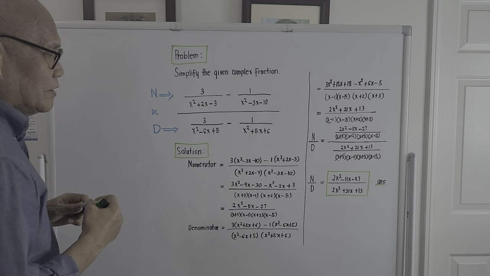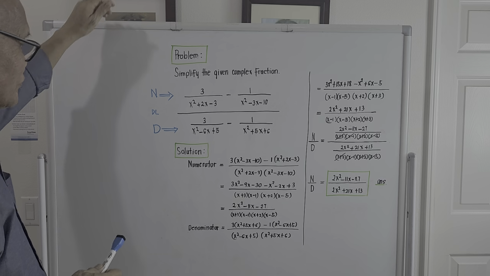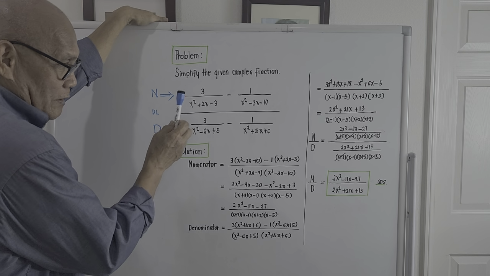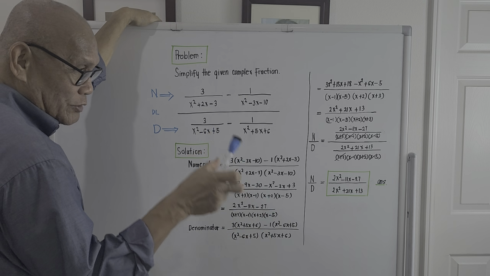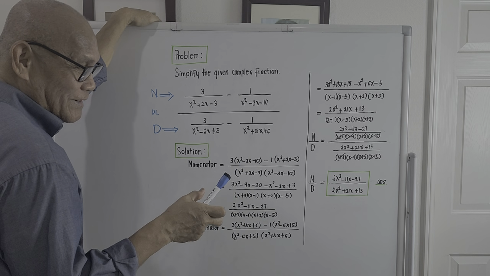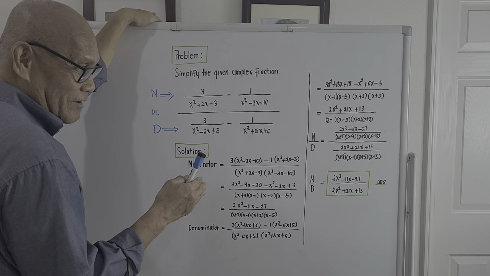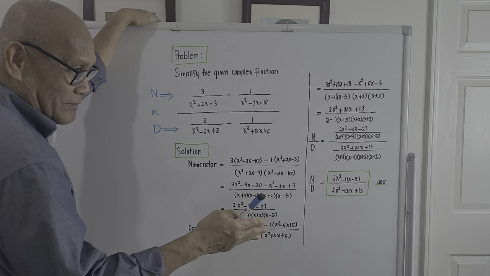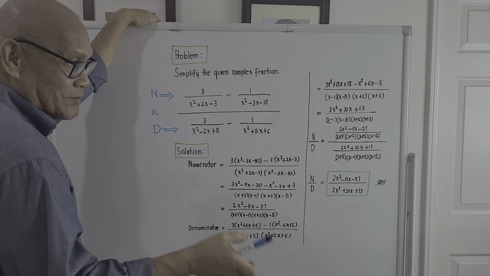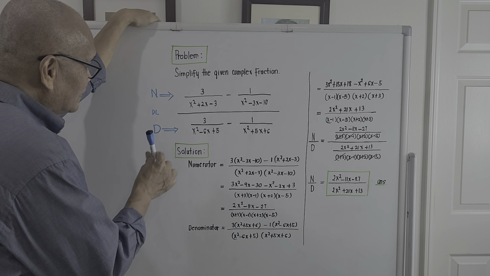I will try to read the complete numerator of the complex fraction. The numerator involves two fractions. It could involve one fraction, two fractions, or three fractions. It depends. That's why it is termed a complex fraction.